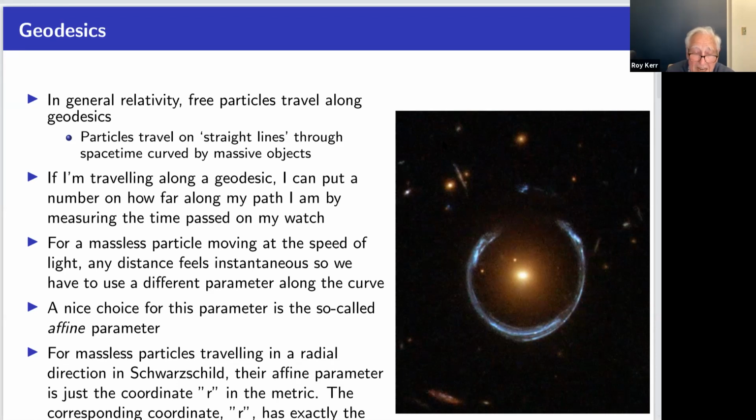Now, it has been claimed that this is a terrible thing, and that if there's a light ray of finite affine length somewhere, there's a singularity. What I'm going to show is that in the Kerr solution, there are light rays whose affine parameter is finite. They are not of infinite length. All this means is that the affine parameter is not a very good indicator of whether a curve is infinite or not. Next slide, please.